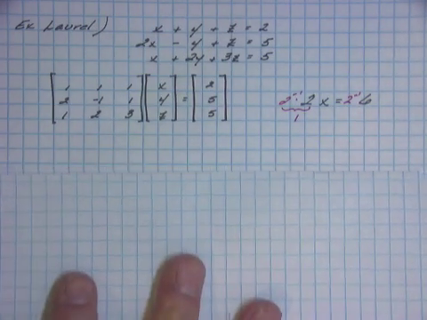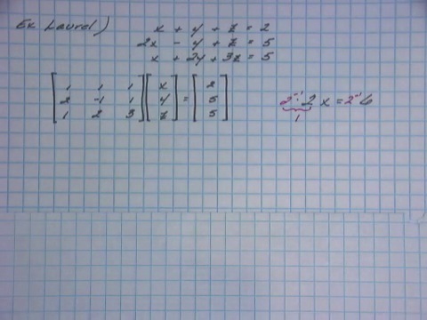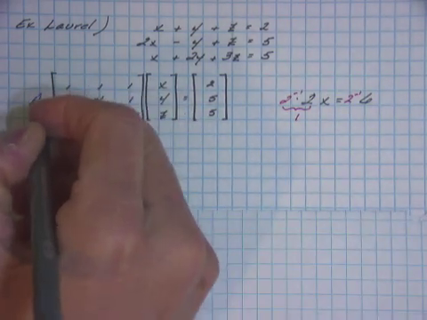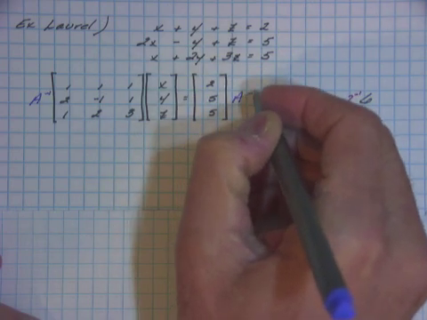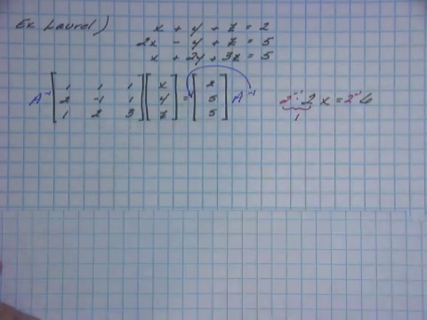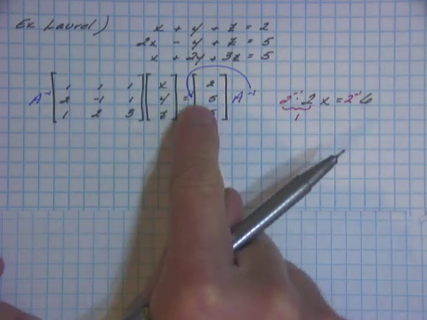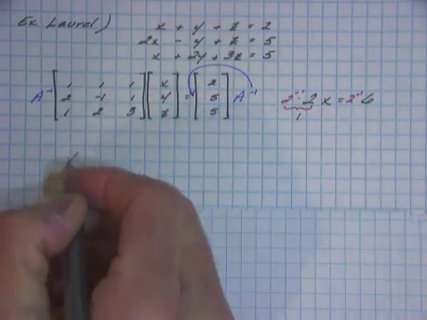We need that identity. So we're going to multiply both sides by A to the negative 1. There's a mistake here. This needs to be in front of that matrix, because matrices are not commutative, and I didn't leave a space for it.